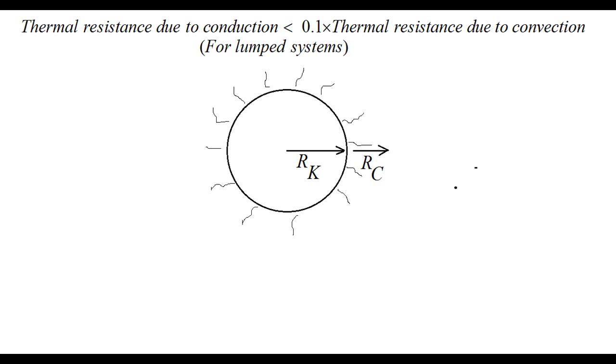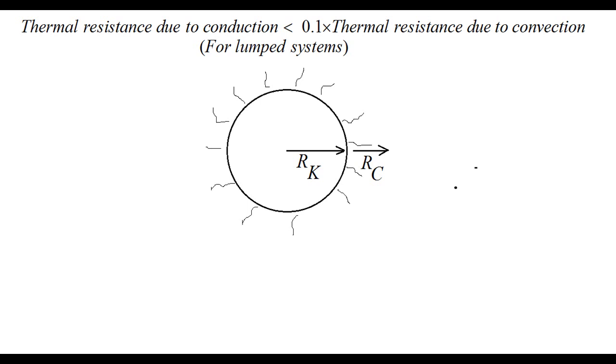In case the convective resistance is more as compared to the conductive resistance, then the system is more toward the side of a lumped system. How? It means that at the periphery the heat transfer rate to the surrounding is less as compared to the heat transfer rate from center to periphery, because the conductive resistance is less.